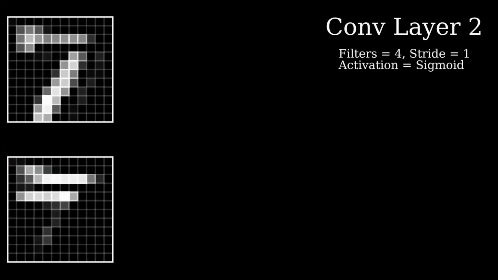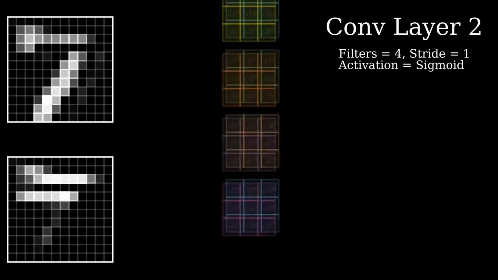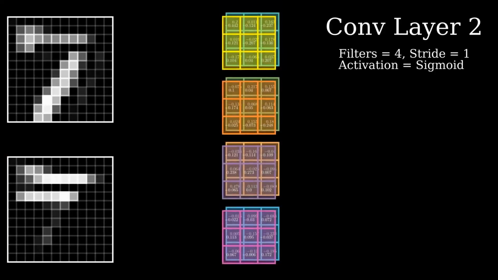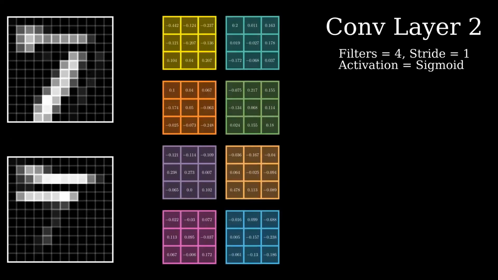Next is the second convolutional layer. Here, we'll use 4 filters with a square one and an aggregation function called sigmoid. As you probably noticed by now, these filters are stacked, and if you separate them, you'll see that we actually have 8 filters. So, what's going on?